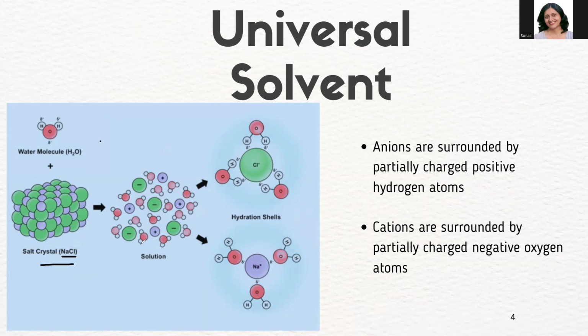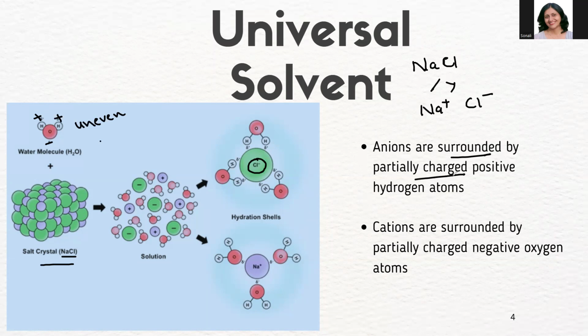This ability comes from polarity, because oxygen develops a negative charge while hydrogens develop a positive charge. This uneven charge distribution leads to the hydration of the ions. Sodium chloride, NaCl, has two ions, the sodium cation and the chloride anion. The anion will be surrounded by the partially positively charged hydrogens.